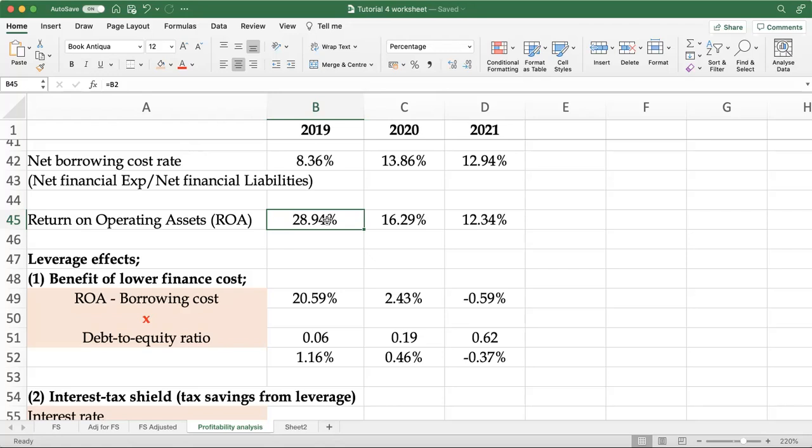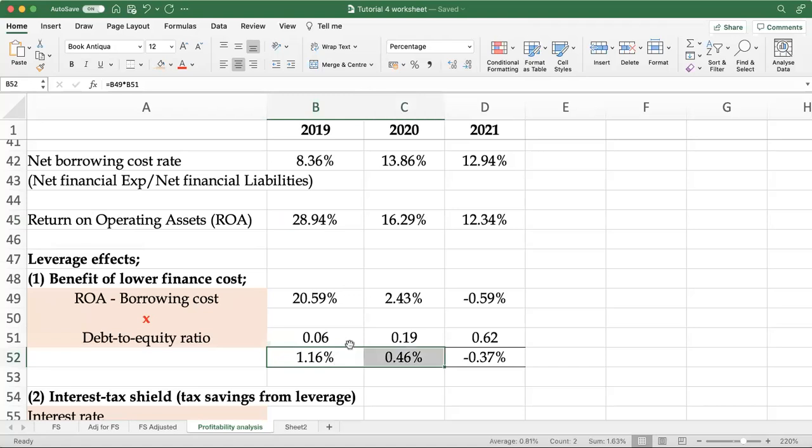So assets have been financed at a cost lower than the return generated from those assets. So in 2019 and 2020, the company has a positive leverage effect.